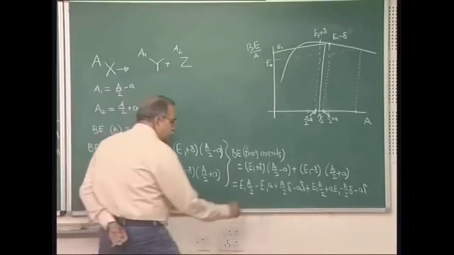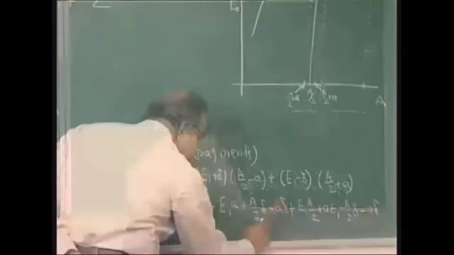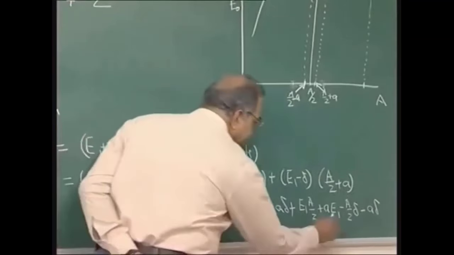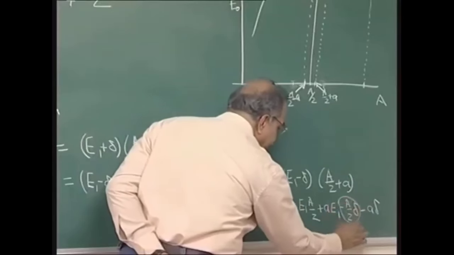Now, this A by 2 delta here plus A by 2 delta here and minus A by 2 delta here, they will cancel out.